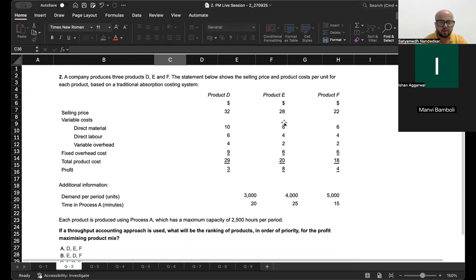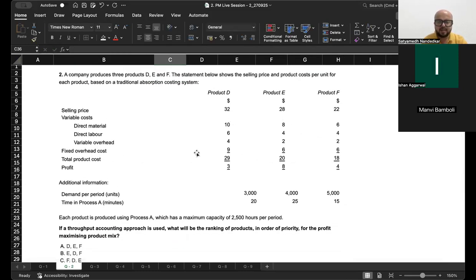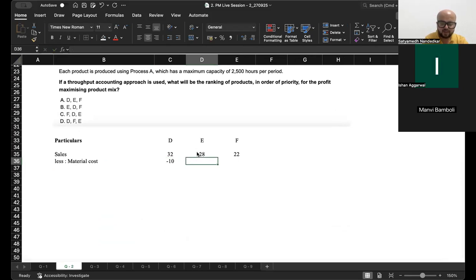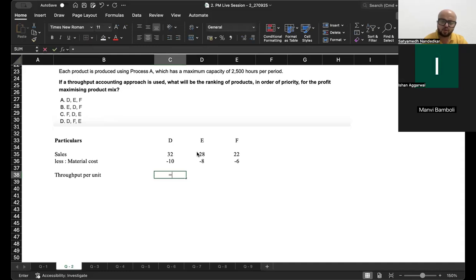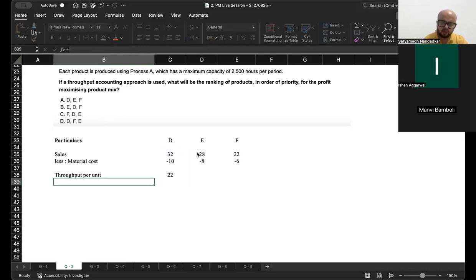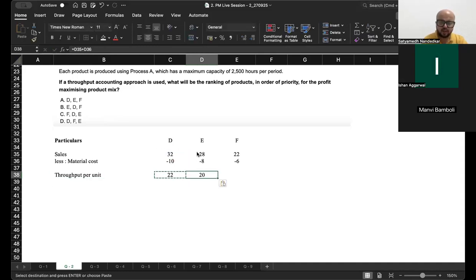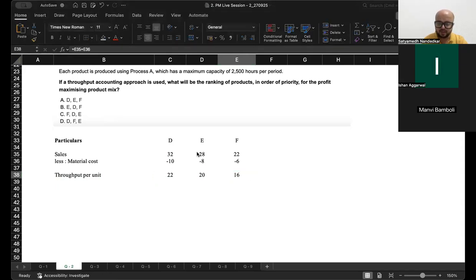Less material cost: 10, 8 and 6. I will get throughput per unit. How much is throughput per unit? 32 minus 10, 28 minus 8 and 22 minus 6. Okay, this is my throughput per unit.